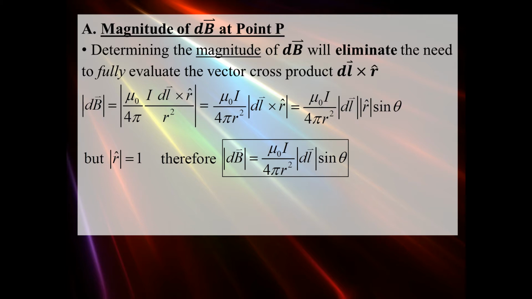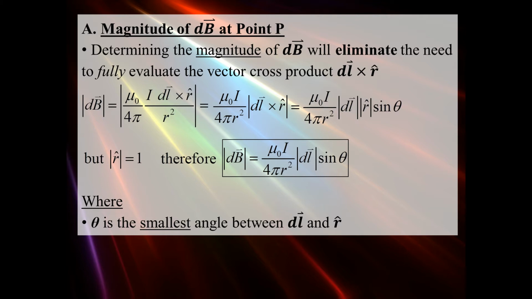Even though we got rid of the unit vector r, it's important to understand what direction it points because that's going to establish what theta is. In this equation, theta represents the smallest angle between dl and r hat. Again, dl is a vector along the length of the wire that points in the direction of current, which in our picture was towards the bottom of the page.